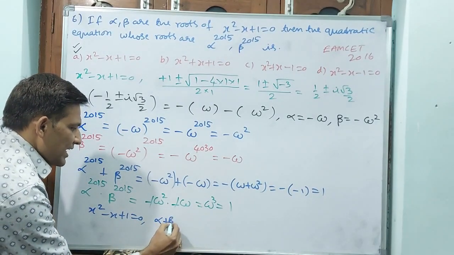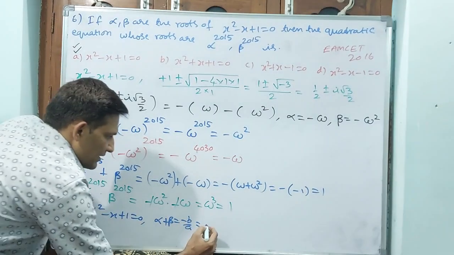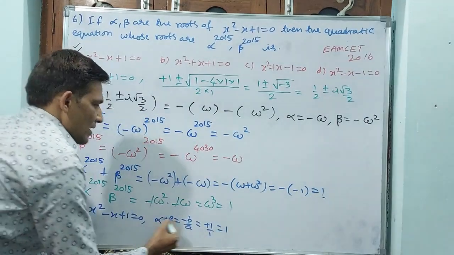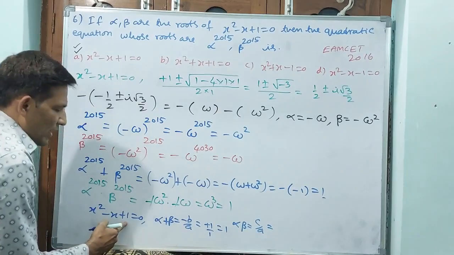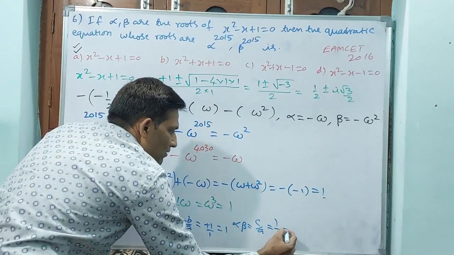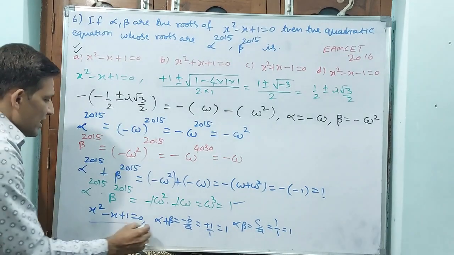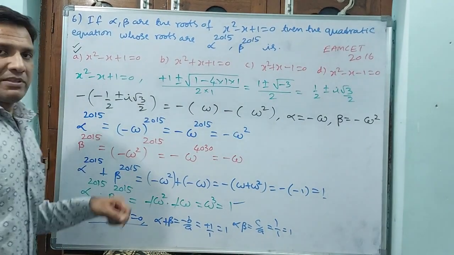Alpha plus beta is equal to minus b by a. That is equal to minus b means minus of minus plus 1 by 1. That is equal to 1. Alpha into beta is equal to c by a. Here c is 1, 1 by 1, 1. That means this is the required equation, first equation. Okay. Let us go for seventh question.